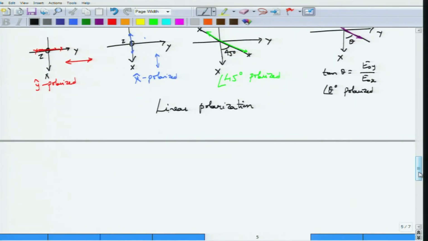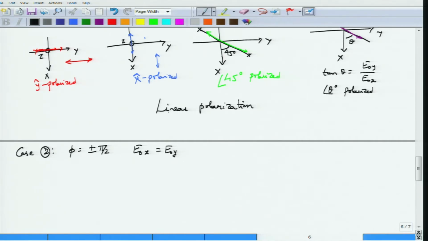Now, let us consider a different case. In this case, we will assume that phi is equal to plus or minus pi by 2, and then I will assume that E0x is equal to E0y. The amplitudes of x and y components are equal.